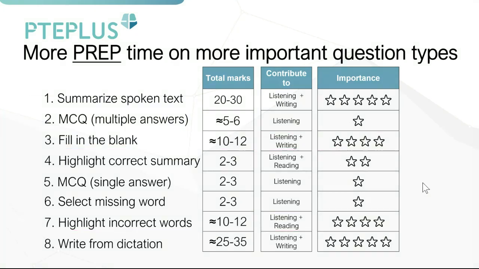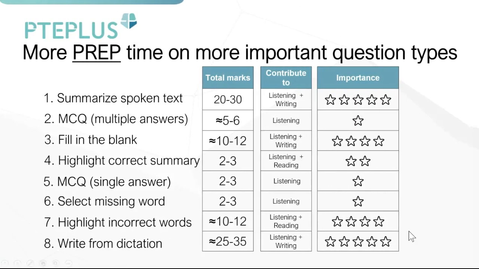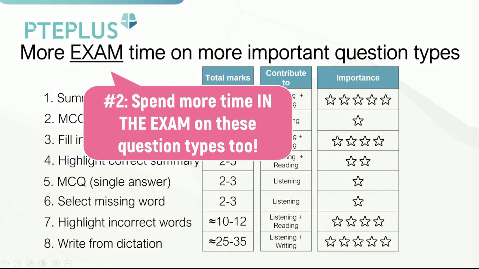Now you'll also see that the third most important question type is highlight correct summary because it contributes to listening and your reading scores. And then the remaining question types are worth fewer marks and also contribute only to your listening section. Not only that, this also guides our time allocation in the exam itself.